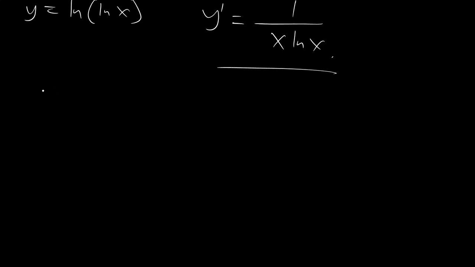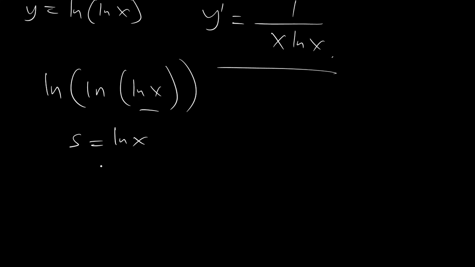Now, let's say you have x ln x. The derivative of x with respect to x is equal to 1.